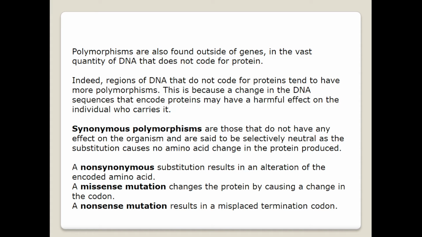And if it changes, we will speak about non-synonymous substitution, which results in an alteration of the encoded amino acid. And here we can also speak about two types. There are missense mutations, which change the protein by causing a change in a codon, and nonsense, which is a result of a misplaced termination codon. For example, in that case the protein will be shorter.